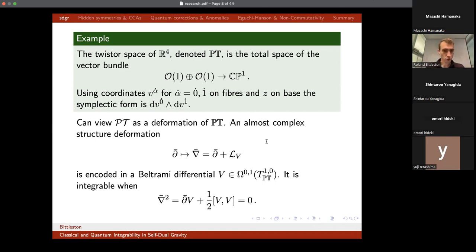I said that this defines an almost complex structure. To get an honest complex structure, we need it to be integrable, and the integrability is encoded in the vanishing of the Nijenhuis tensor, which is just this d-bar of the Beltrami plus the commutator of vector fields.